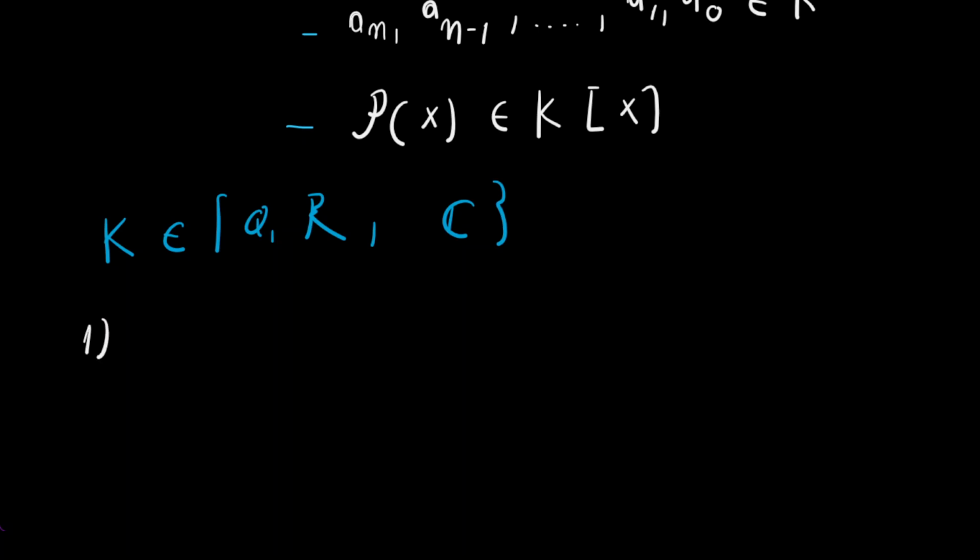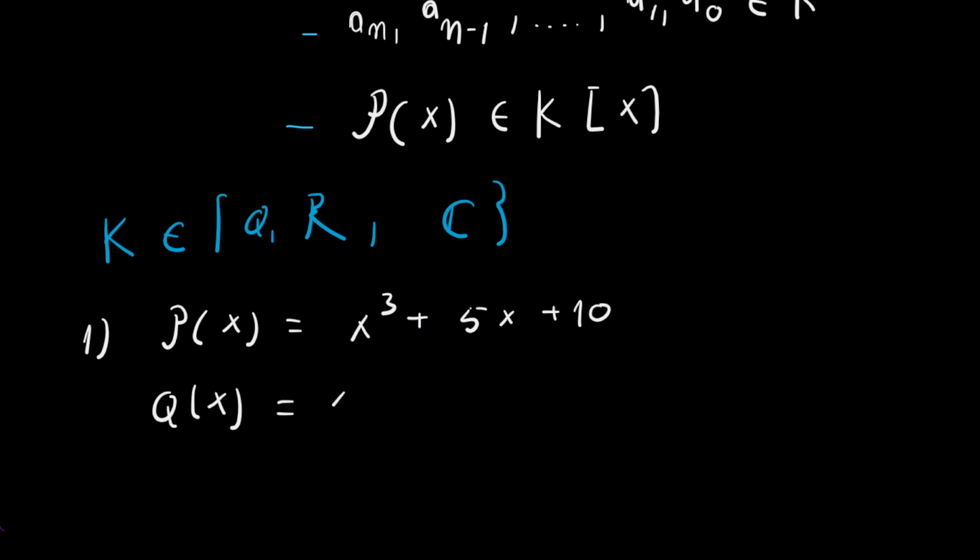So first example: if I take P(x) as x cubed plus 5x plus 10, and I take Q(x), which is going to be x^4 plus, let's say, 7x squared plus 3x minus 20.